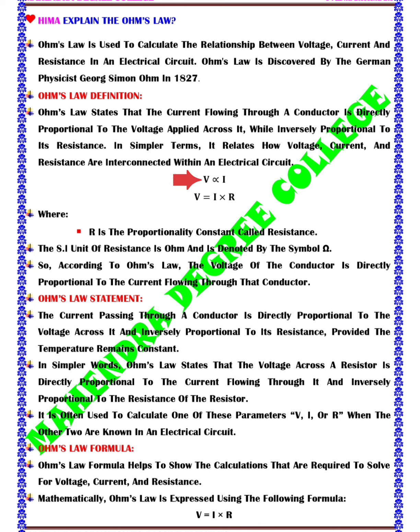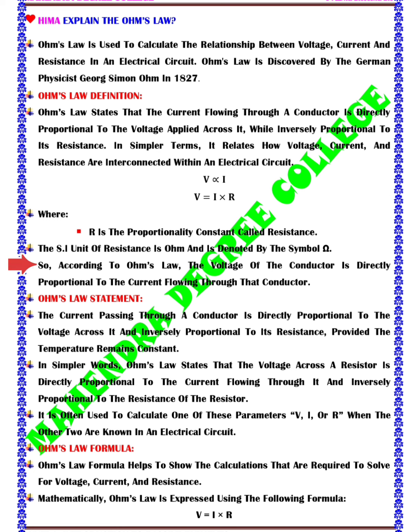We can define this condition as V is directly proportional to I. Removing the proportionality sign, V equals IR, or V equals I into R, where R is the proportionality constant and is called the resistance of the material. The resistance of the material is calculated as R equals V by I. Resistance is measured in ohms. It is denoted by the symbol ohm, the uppercase Greek letter omega.